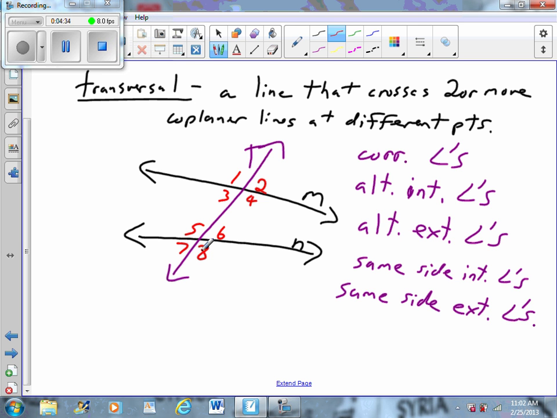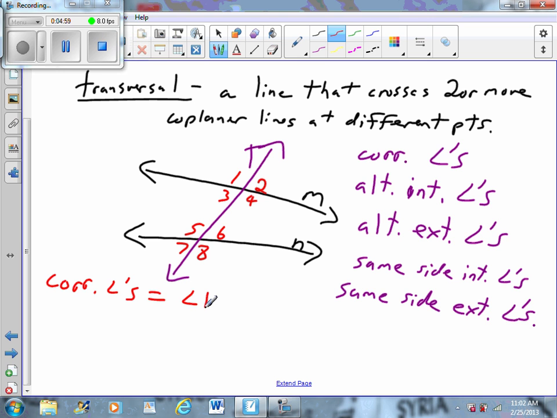Now, if we look at angles 1, 2, 3, 4, 5, 6, 7, 8, using these definitions, an example of what is meant by corresponding angles. They're angles that are in the same relative position with respect to each other in regards to that transversal. So I might look at angle 1 and angle 5. I would call angle 1 and angle 5 an example of corresponding angles.